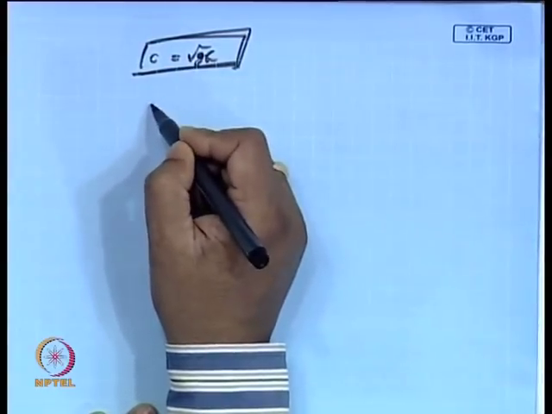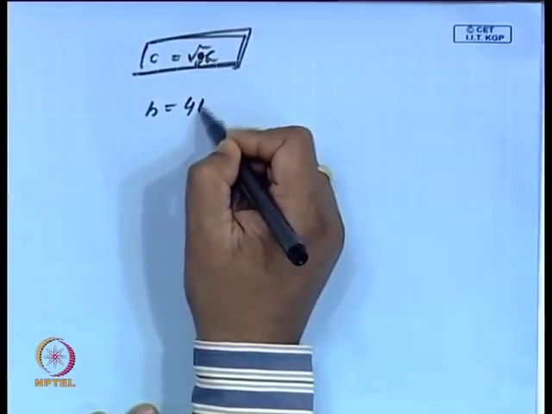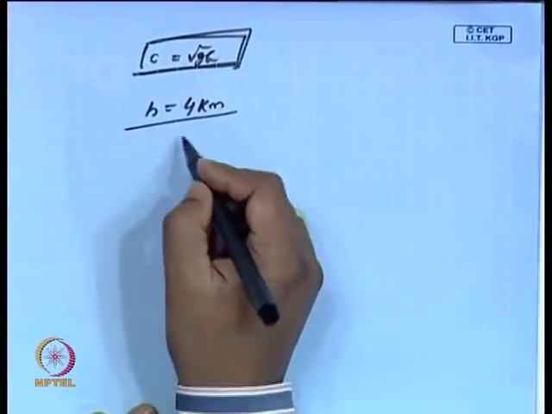Suppose my water depth is 4 kilometers, which is a kind of average ocean depth.